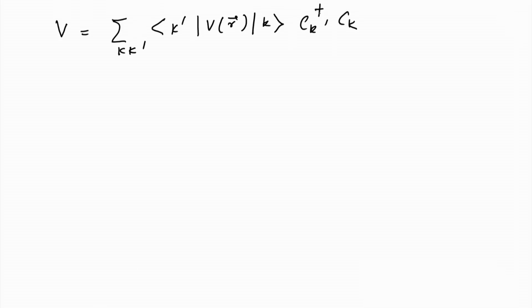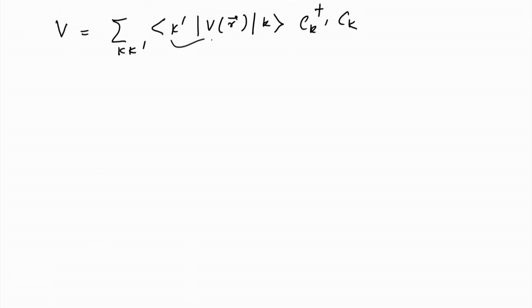So, this is the kind of potential that we were talking about in our previous discussion when we spoke about the off diagonal term in the Hamiltonian. It is still non-interacting, but there is an off diagonal term in the Hamiltonian, which is something similar to that. So, what is this matrix element? This matrix element is given by <k prime|V of r|k>.